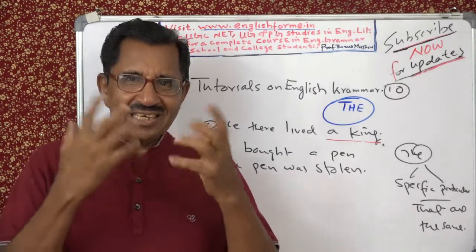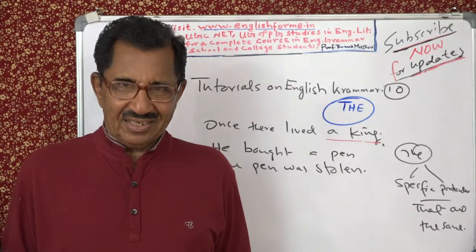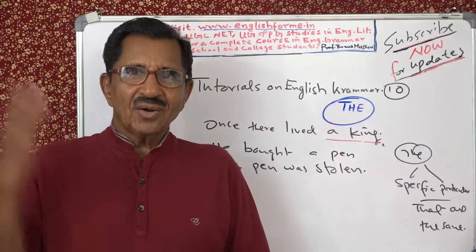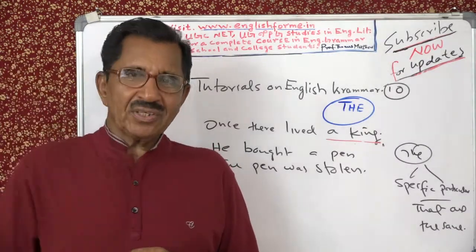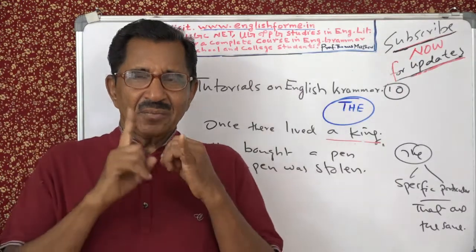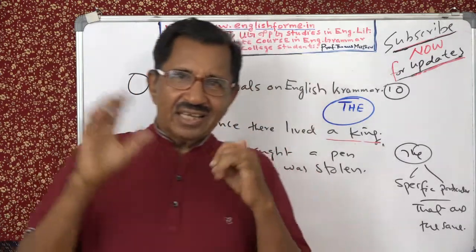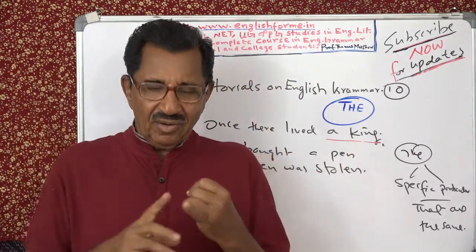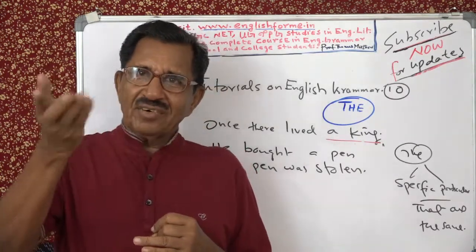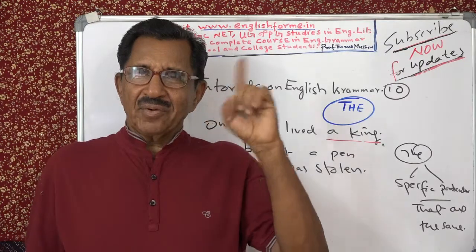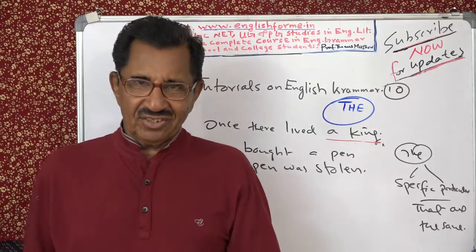You go on making sentences like this and practice. Practice makes a man perfect. So, not only this, all the other previous points you keep in your mind. First, plural nouns meaning the inhabitants of a country as a whole. Second, with rivers, no, mountain ranges, hills, deserts and valleys.